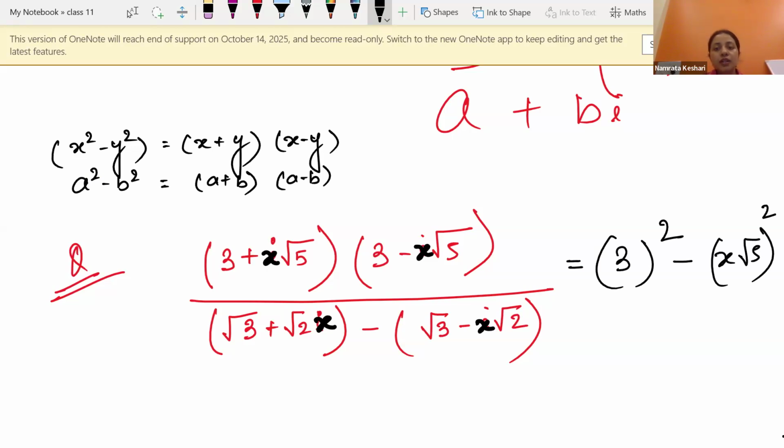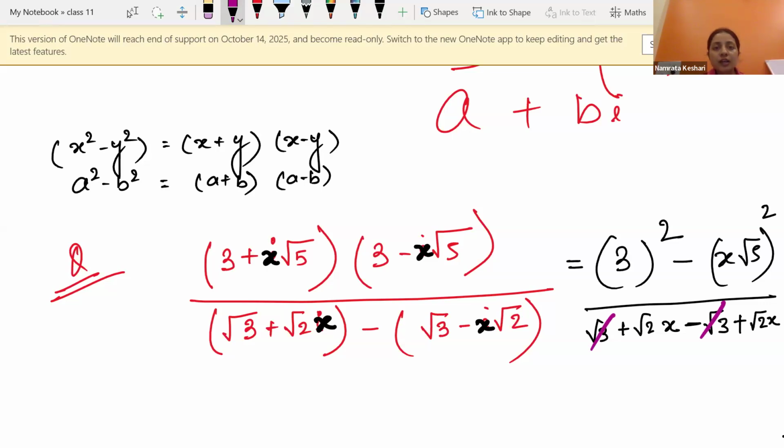Let's work on the denominator also. So we are having root 3 plus root 2x. And here, let's open the bracket. Both are in subtraction. So minus root 3 plus x root 2, or root 2x, same thing. Now clearly we can see the root 3 is gone.